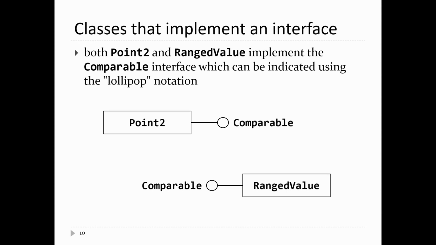If your class implements an interface, then you can indicate that on your diagram as well. One way to do that is with what's called the lollipop notation.